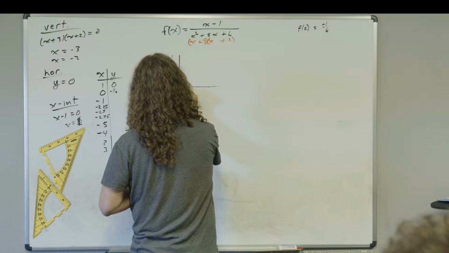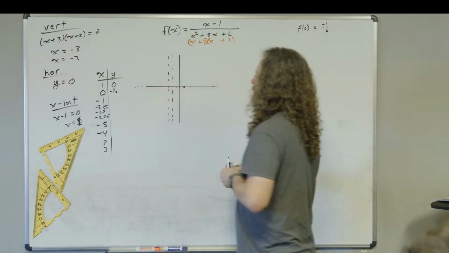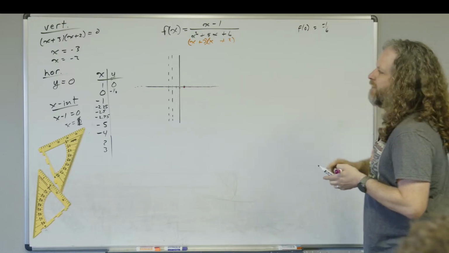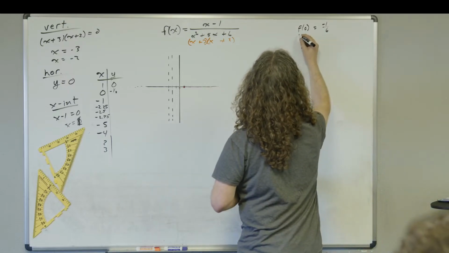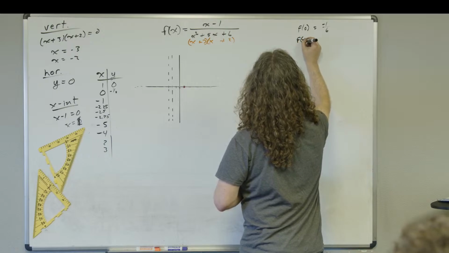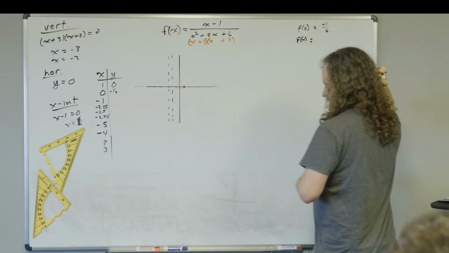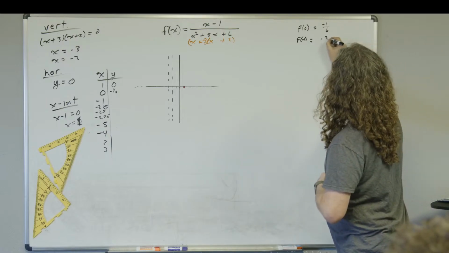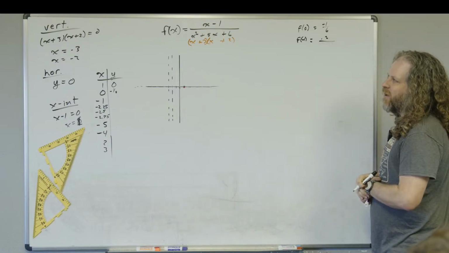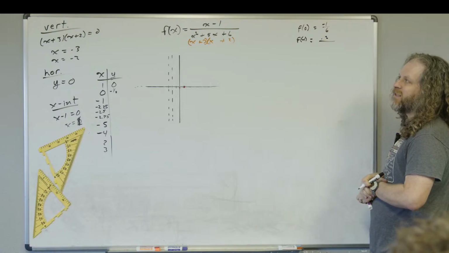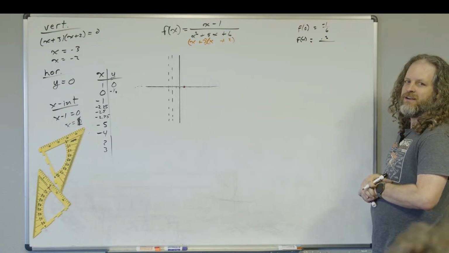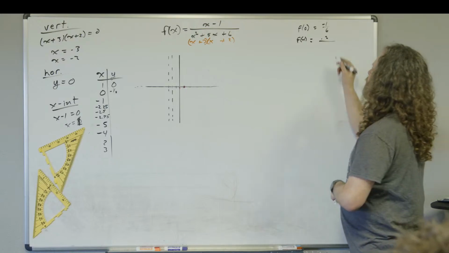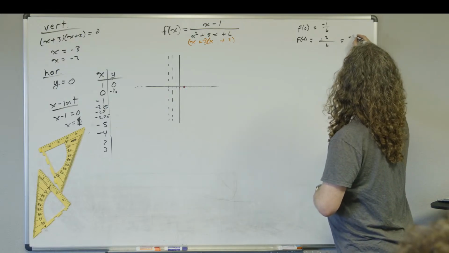Now f of -1. -1 minus 1 is -2. -1 squared is 1. -5 is -4. Plus 6 is 2. So it equals -1.